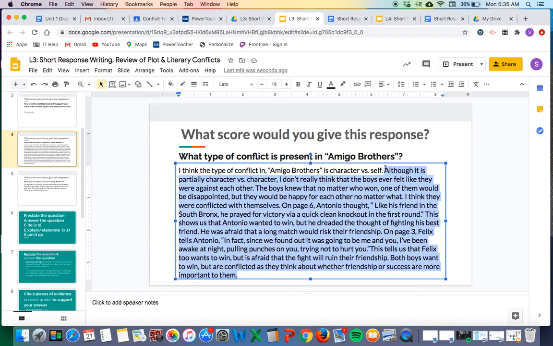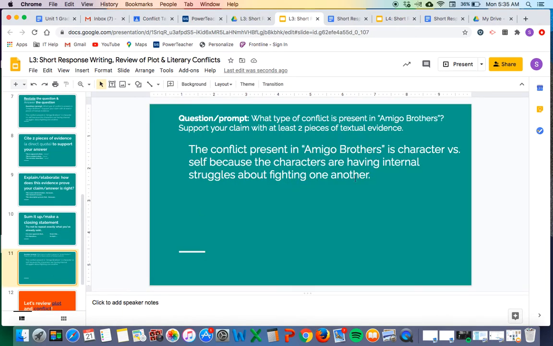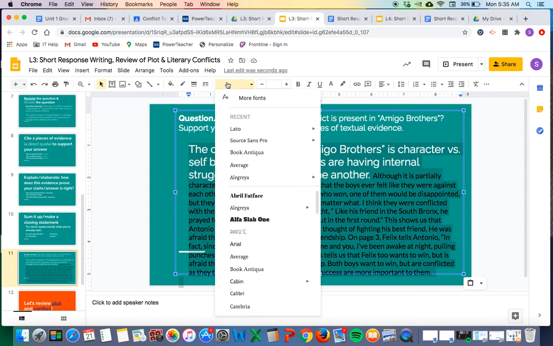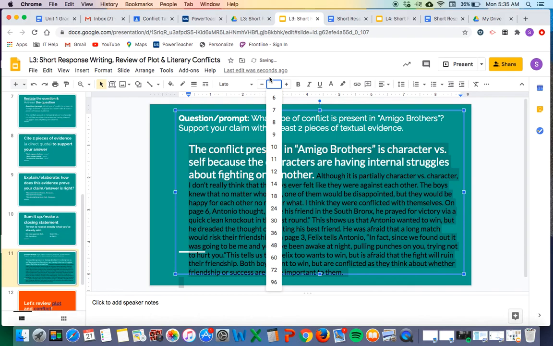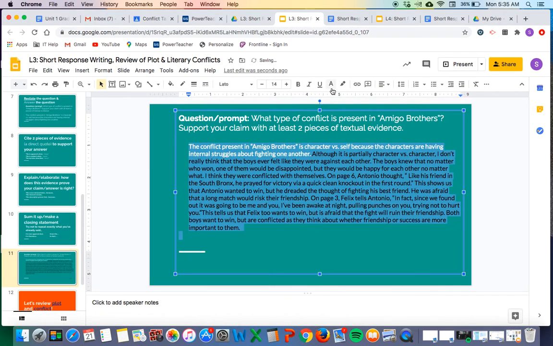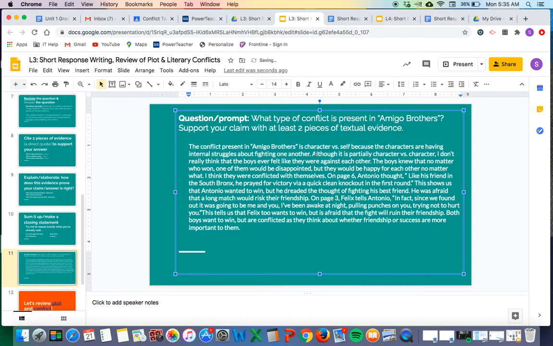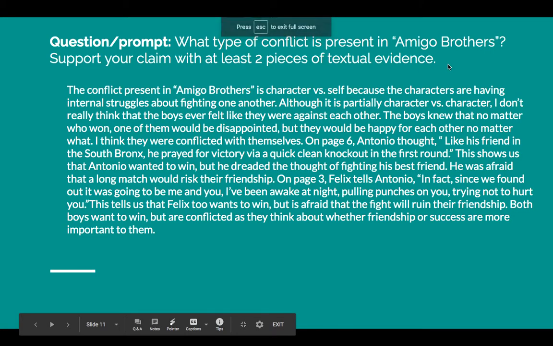I'm going to use my claim, but I think I can put this here as my example of a strong response. So it begins, the conflict present in Amigo Brothers is character versus self because the characters are having internal struggles about fighting one another.